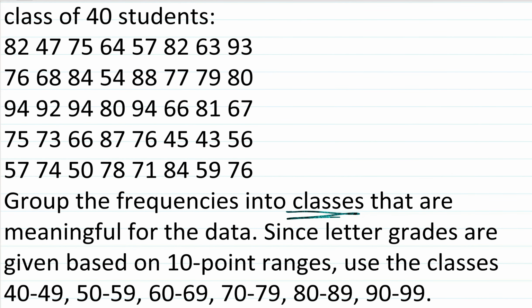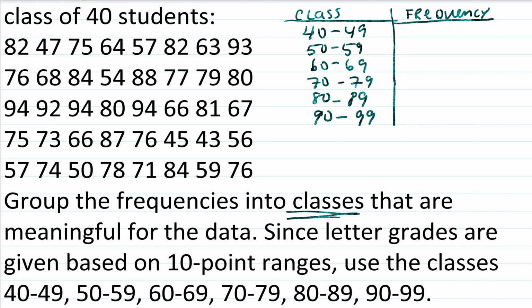I'll have the class, and then the frequency. So they're telling us to use 40 to 49, 50 to 59, 60 to 69, 70 to 79, 80 to 89, and 90 to 99.